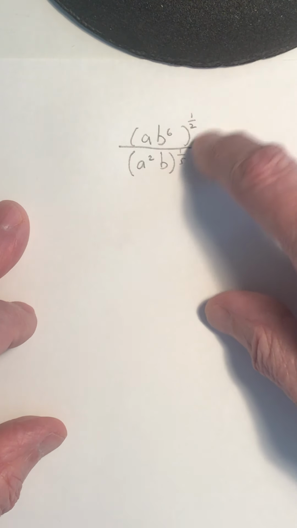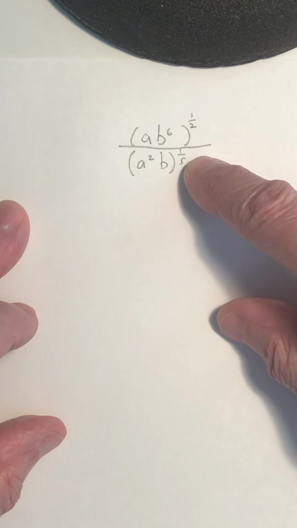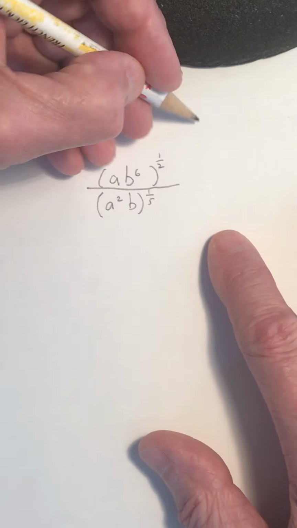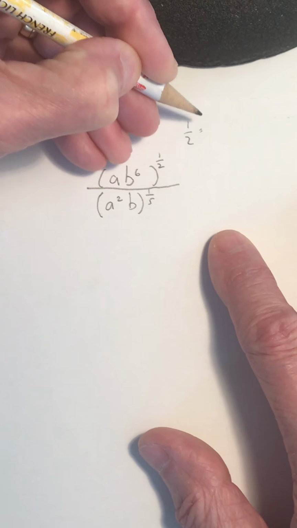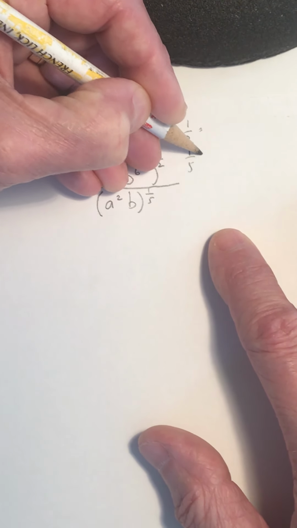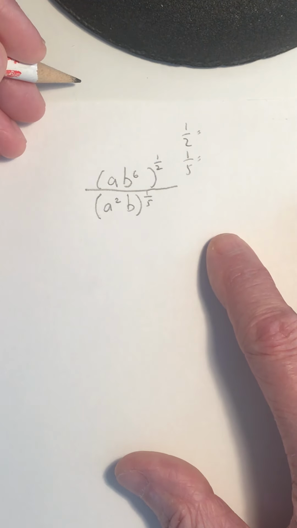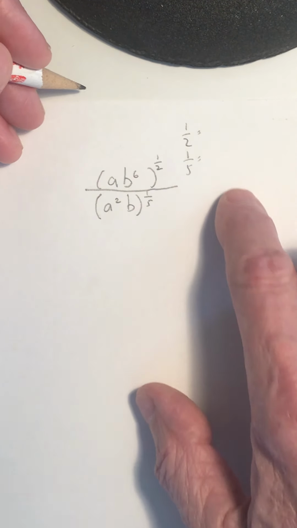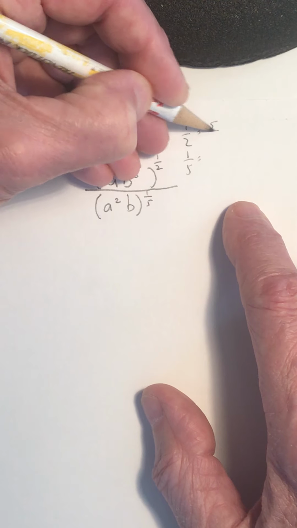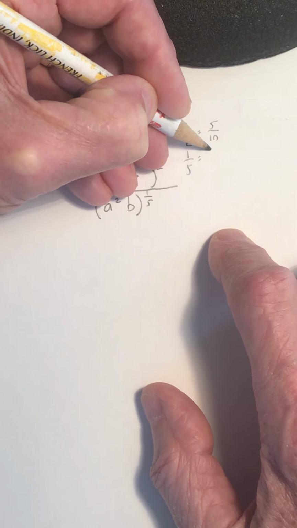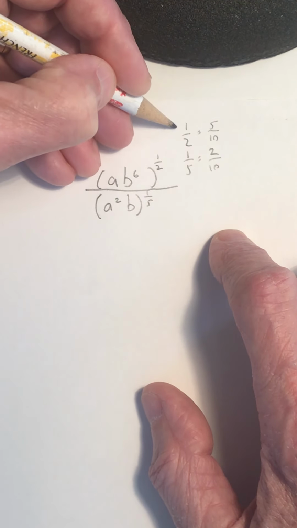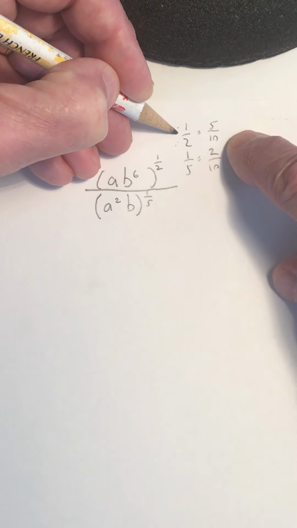We want to get these fraction exponents to have a common denominator, so remember that 1/2 and 1/5 can both be changed to a denominator 10. 1/2 is the same as 5/10, and 1/5 is the same as 2/10. Times the top and bottom of that by 5, you get 5/10.